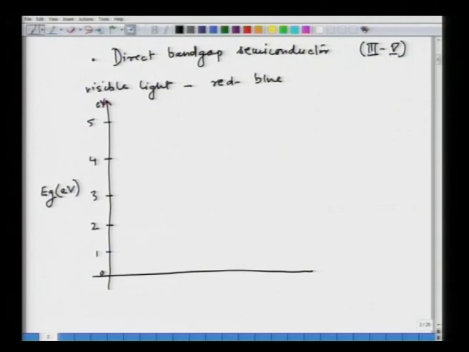The range of energy which comes in the visible range is going to be from about above 1.5 eV to about 3.4 eV. So, this here is about red color, then we have yellow, then we have green, blue and violet.